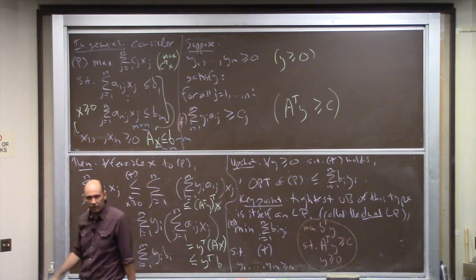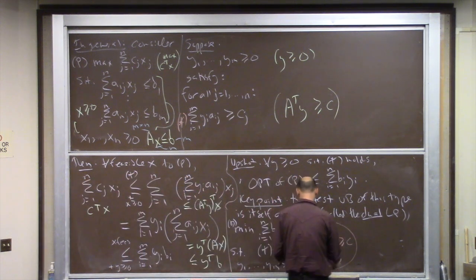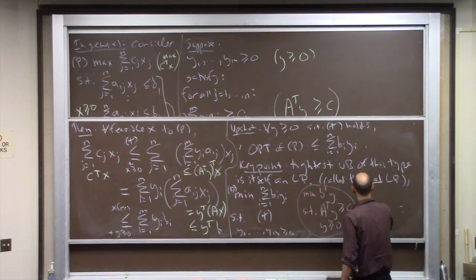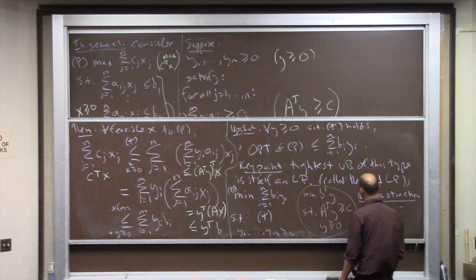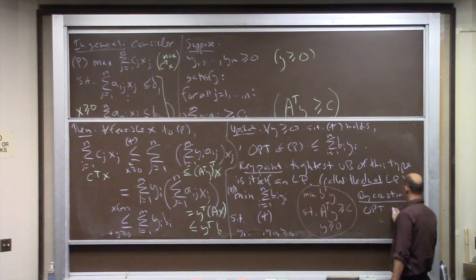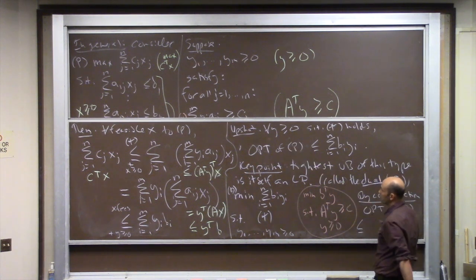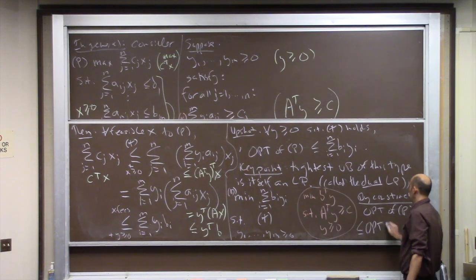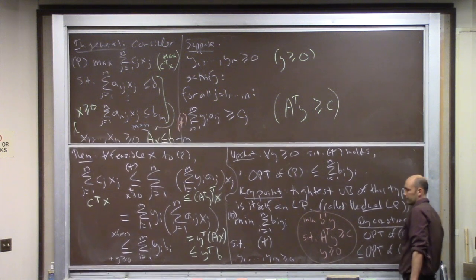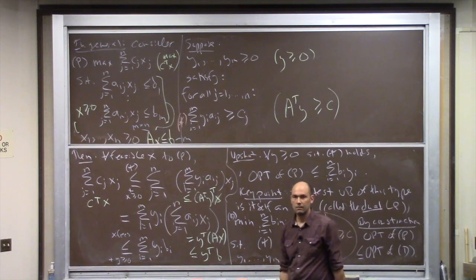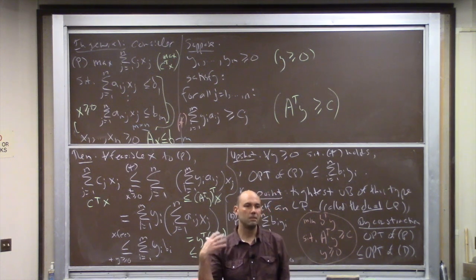And by construction, the optimal objective function value of P, the so-called primal linear program in the upper left, is at most the optimal objective function value of the dual. Why? By definition, what is the dual? What does it mean?